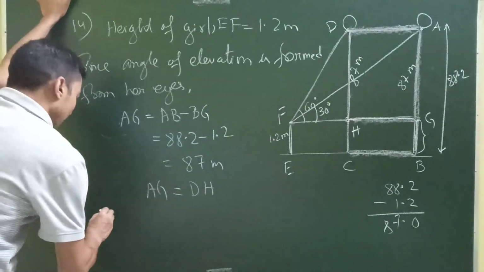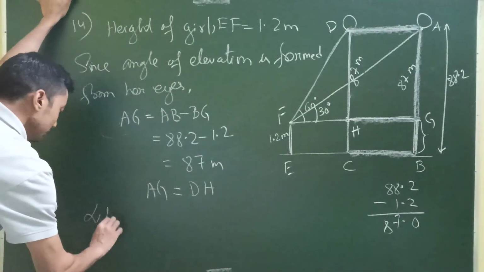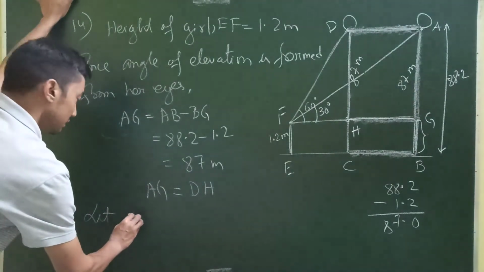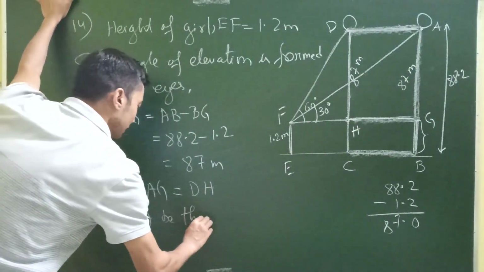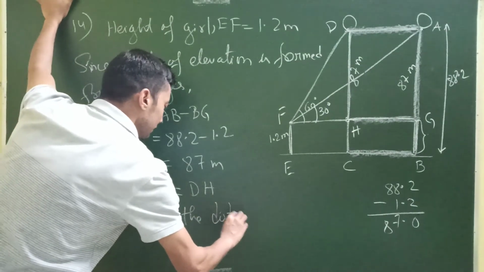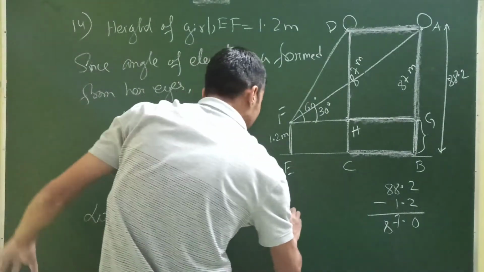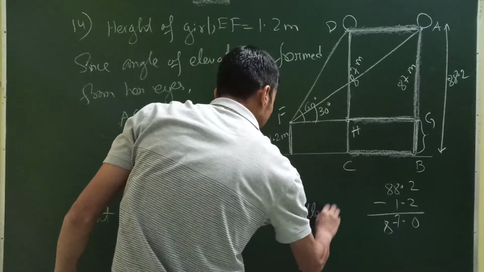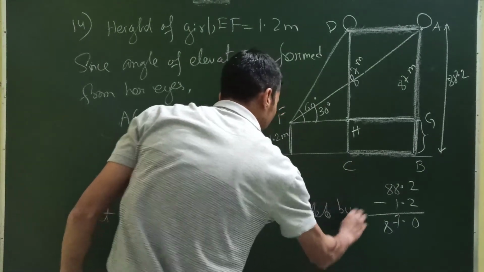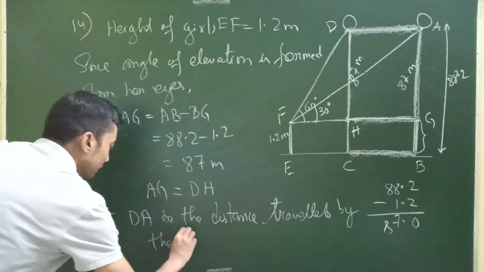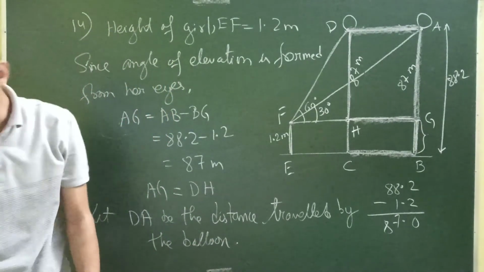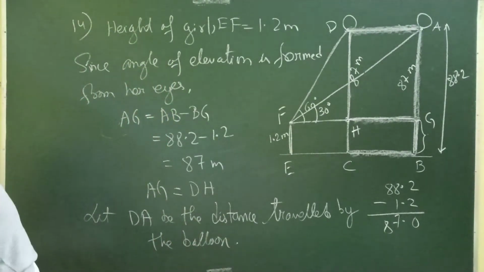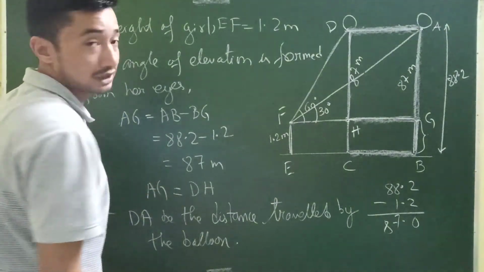That is, let DA be the distance traveled by the balloon. Now this is clear.